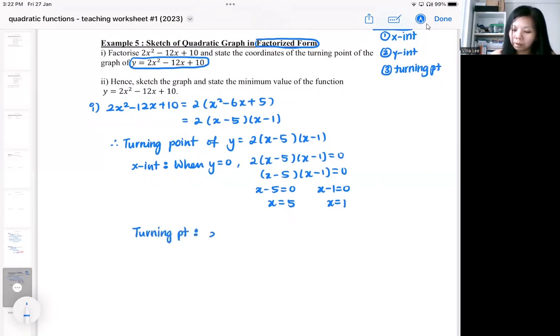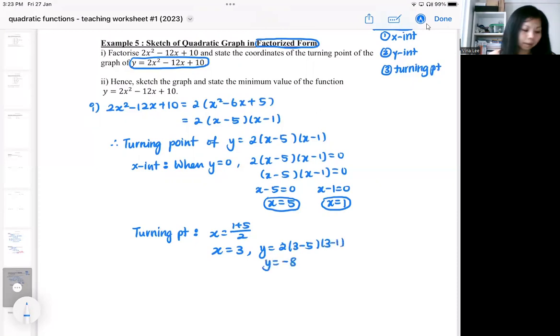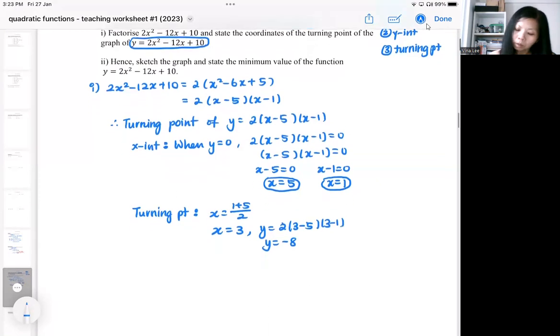I know that a quadratic function is symmetrical, which means the turning point will be right in the middle of these two points. So you add them up and divide by 2. That should give you an x-coordinate of 3. You put it into the equation and you will get -8. So this will be the turning point. In fact, this one is a minimum point.